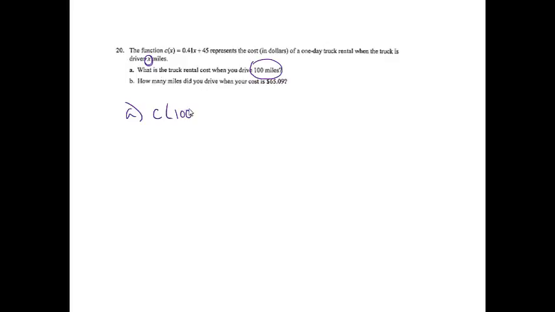So we'll put c of 100 equals 0.41 times 100 plus 45. And if we figure that out, 0.41 times 100 will be 41. So 41 plus 45 will be 86, and that was a cost, and I believe it will be in dollars. So it'll be $86 will be my cost.